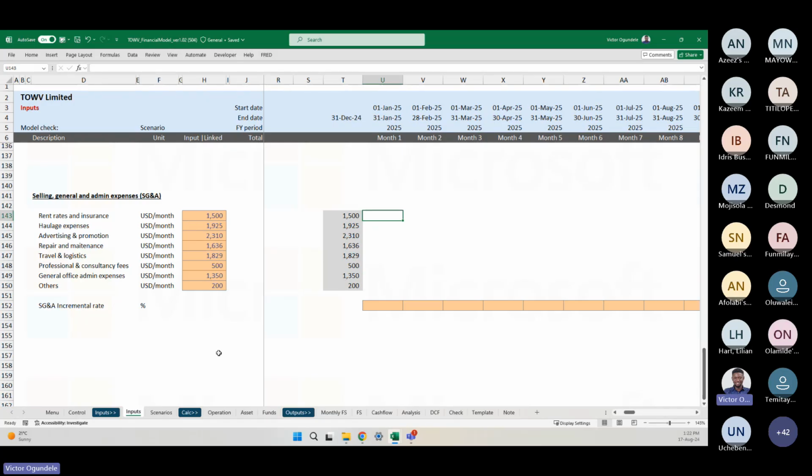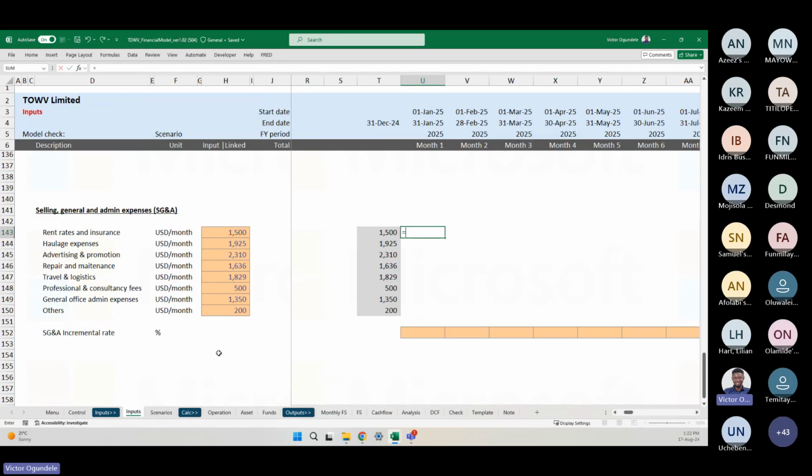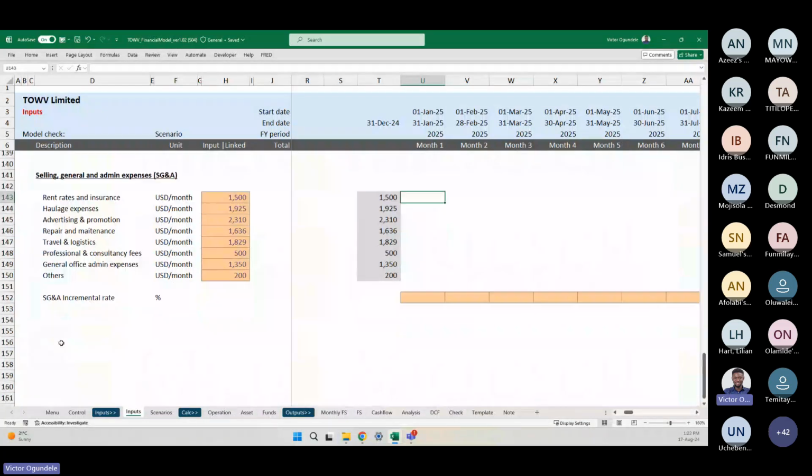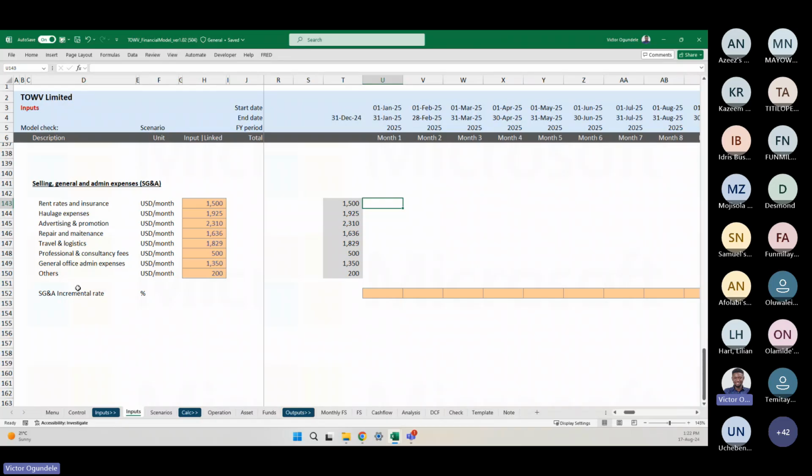Okay, so now let's put our growth formula. Equal to my base period, multiply by open bracket 1 plus, then I will highlight this SG&A incremental growth. In fact, because it's an operational model, you know what we should do? Let's create the growth for each of the line items separately, so that we give room for that flexibility.